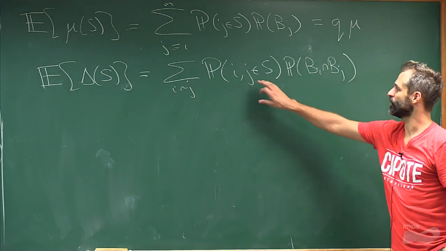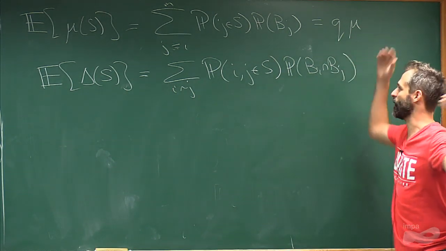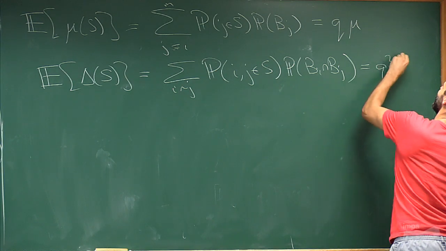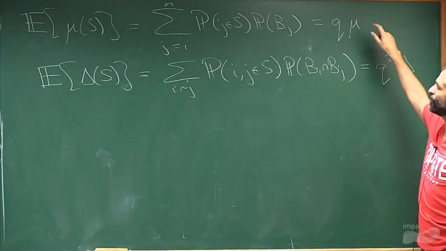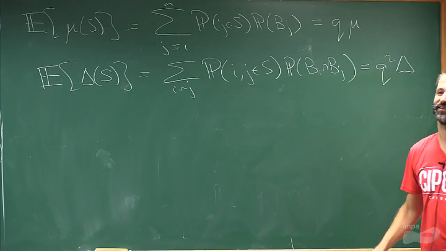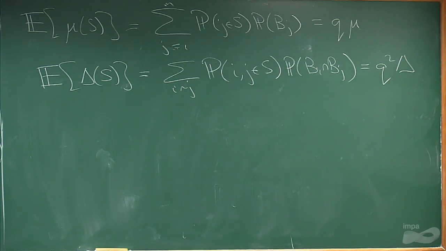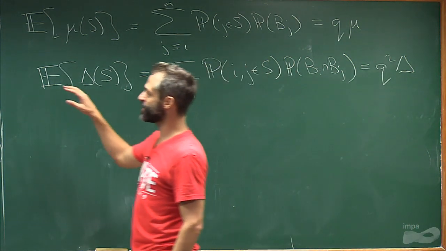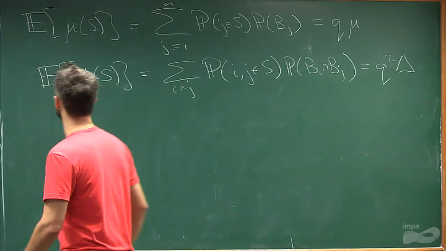What's this? q squared. It's q squared times delta. Here's the point: mu is going down linearly in q, but delta is going down quadratically. So we're randomly sparsening our events so they don't intersect so much, because intersections go down quadratically in q.